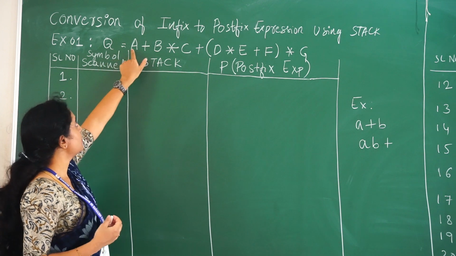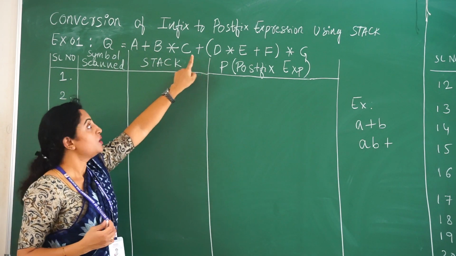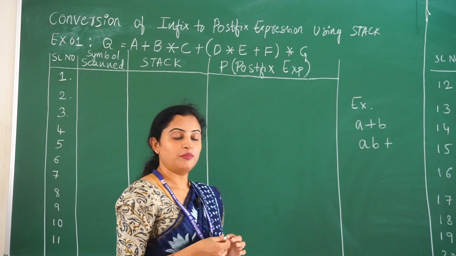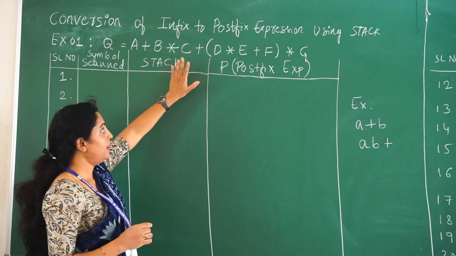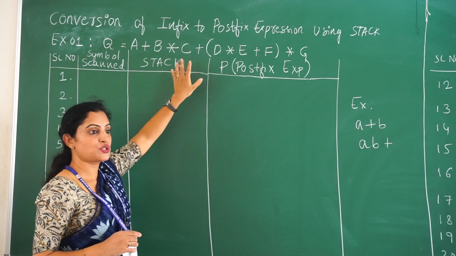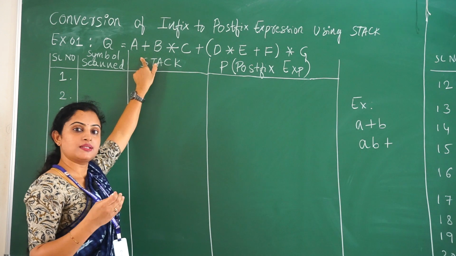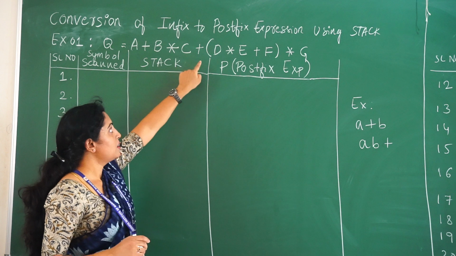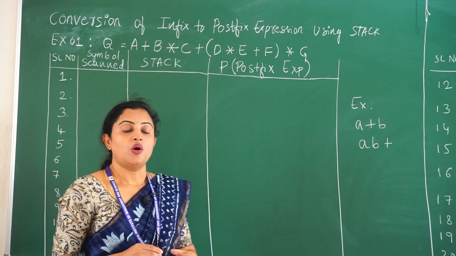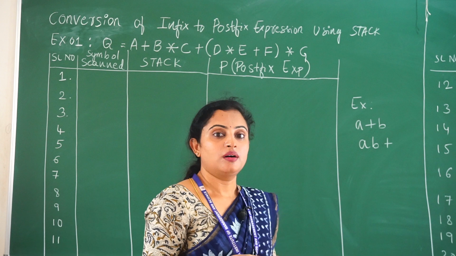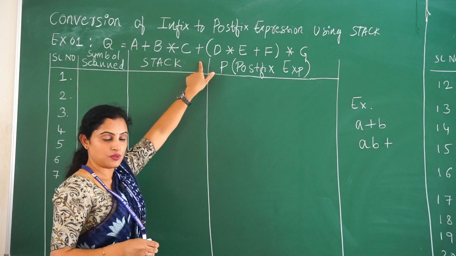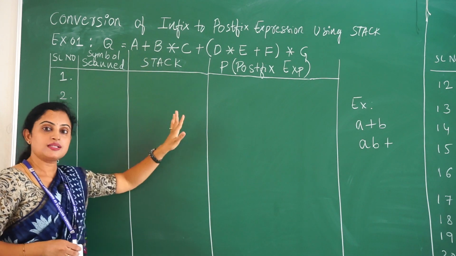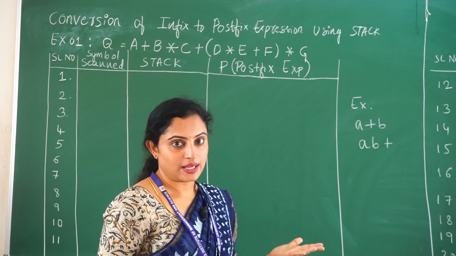We have assigned the given infix expression to Q. This expression should be a completely meaningful expression, and the operands should be single operands, either A to Z or 0 to 9, and the operators plus, minus, multiplication, division, or caret symbols are used in these expressions. And one more thing is, the given expression may be either a parenthesized expression or not.